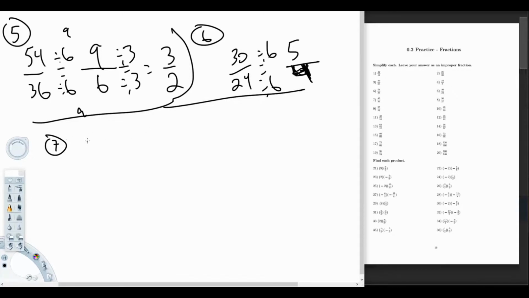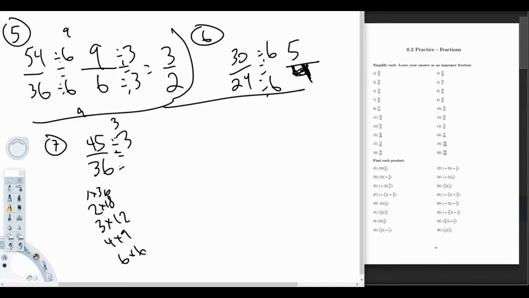7. 45 over 36 equals, what can you divide by here? 6? Ooh, I think that's... 45. So here we have 1 times 36, 2 times 18, 3 times 12, 4 times 9, 6 times 6. Oh, there's a 3 here. You can divide by 3. So let's divide by 3. Here we get 12.